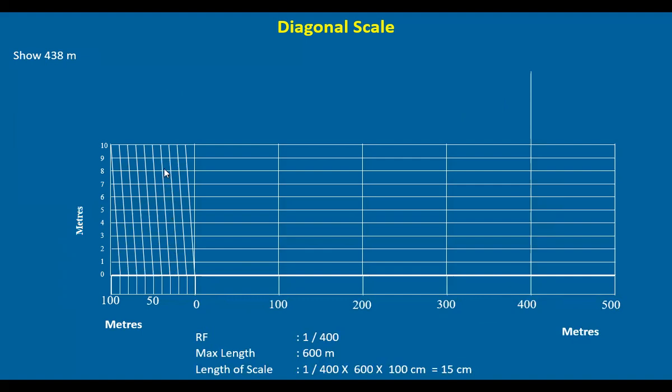So here, this gives 438 meters. Draw a vertical line here, as an extension line, and the distance between these two gives 438 meters. Like this, we can measure any length up to 600 meters using this scale.